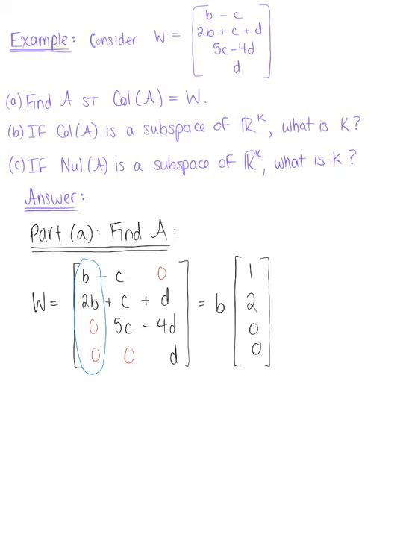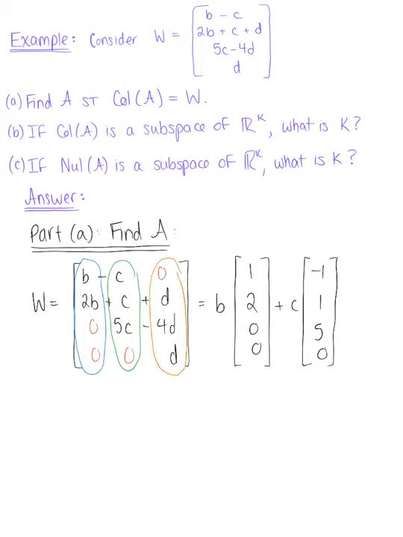Our next column vector is related to weight c, so I have plus c multiplied by the column vector negative 1, 1, 5, 0. And last but not least, we have a column vector for our weight d, so this is plus d multiplied by the column vector 0, 1, negative 4, 1.